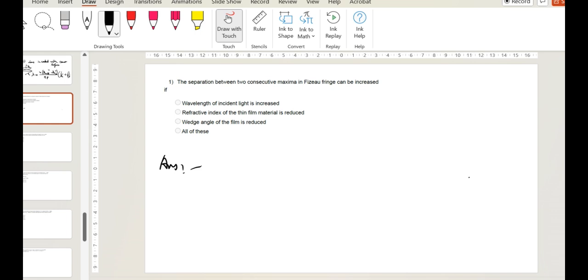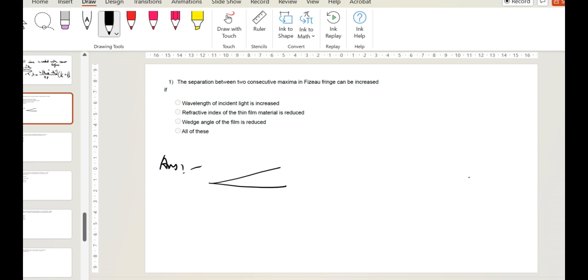We have seen that the distance between two consecutive maxima is proportional to lambda. Then, the wedge angle of the film is reduced. So this is the wedge kind of experiment we are talking about.